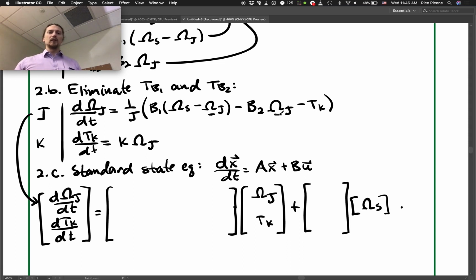You get a negative b1 from this term and a negative b2 from this one, and then you have a 1 over J. So I would call it negative (b1 plus b2) over J, multiplying omega J, plus whatever the coefficient of Tk is, so negative 1 over J times Tk, plus there's an omega s term here too, b1 over J omega s.